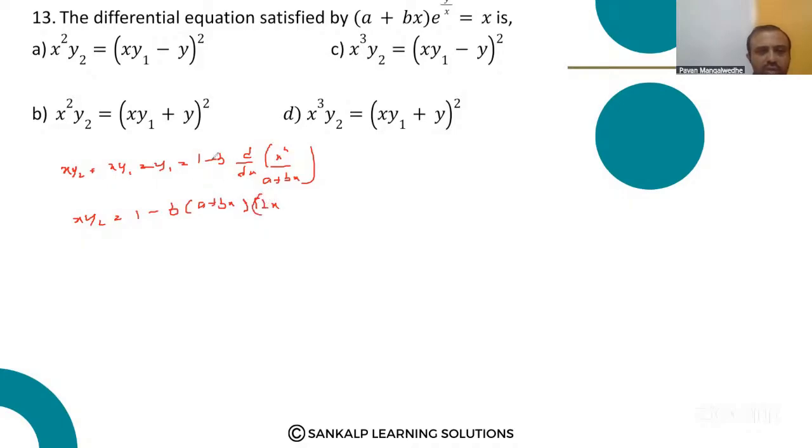2x in the sense it is multiplying this 2x minus x square into b, the whole divided by a plus bx the whole square.